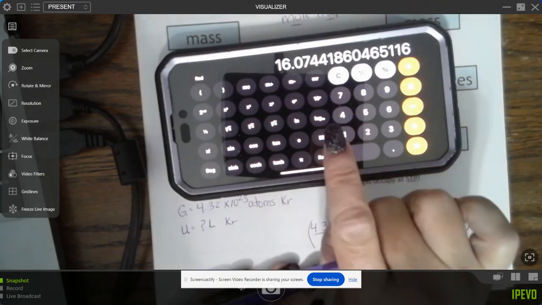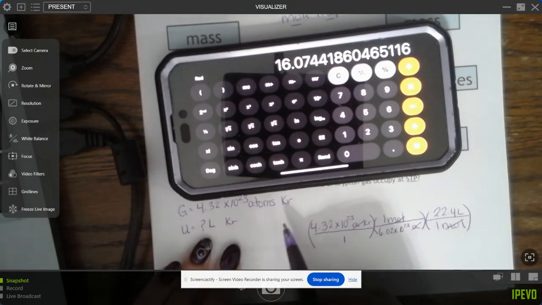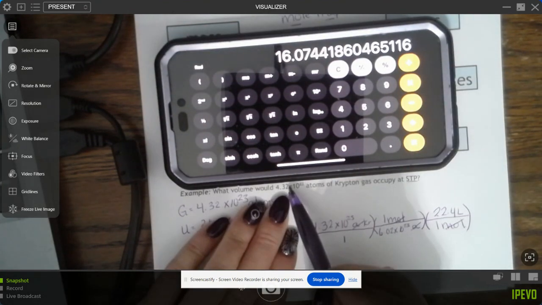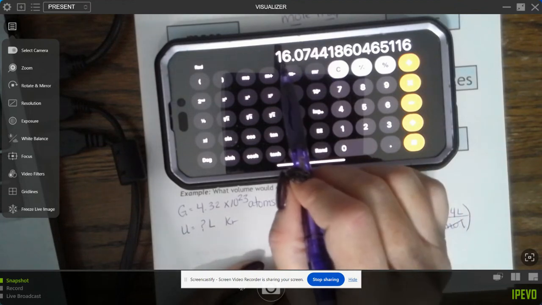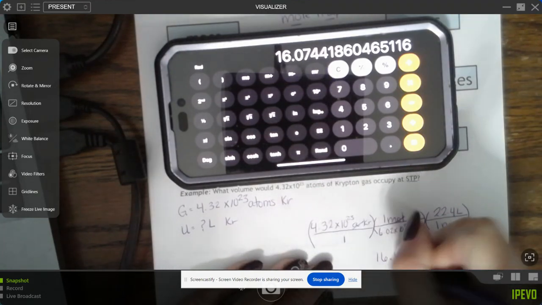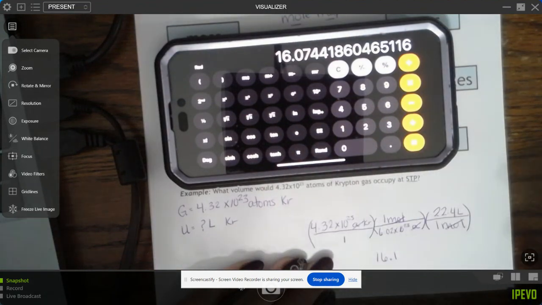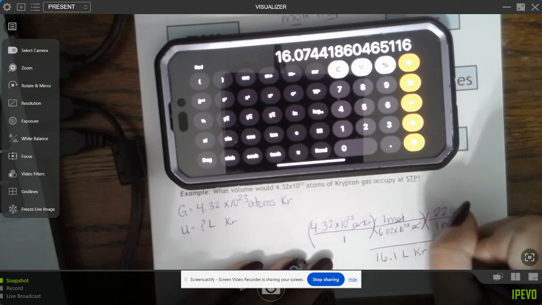So my answer comes out 16.0074486. How many sig figs? My given has 3 sig figs, so my answer can have 3 sig figs. So it's going to be 16.1 because I round up, so 16.1 liters of krypton.